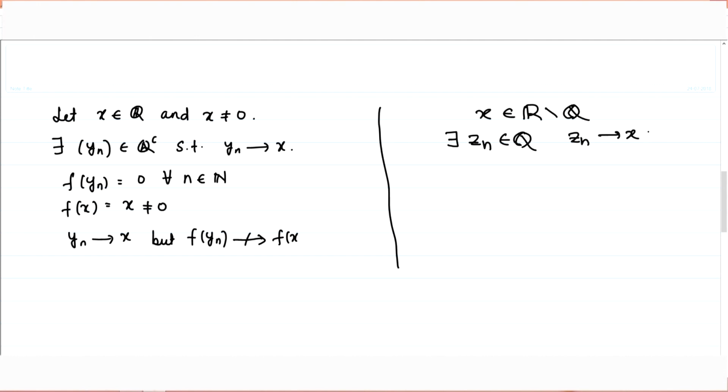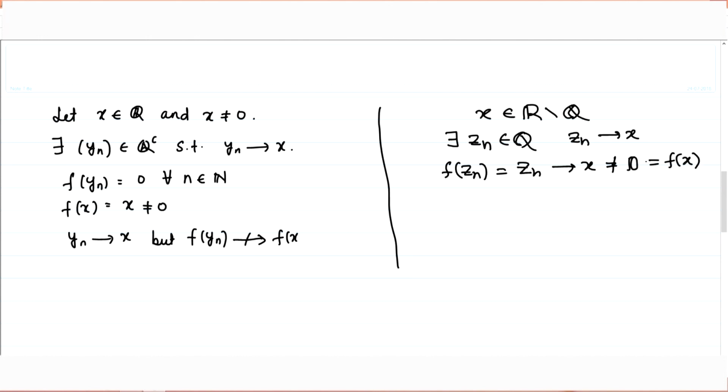Why? Because the set of rationals also is dense in the real numbers. Now, what will be f of zn? It should be zn, and where does it converge? It converges to x, which is not equal to 0.